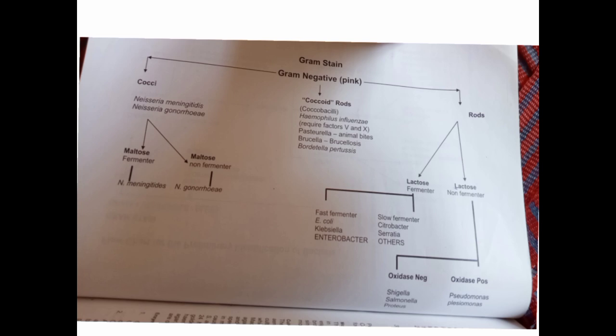Oxidase positive bacteria are Pseudomonas and Plesiomonas, and oxidase negative bacteria are Shigella, Salmonella, and Proteus. So that's all about the basic classification of bacteria. I hope you understand.